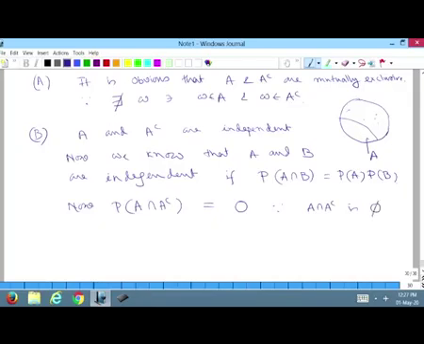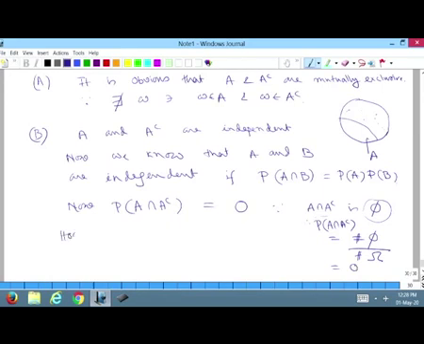Therefore, its probability is number of elements in phi divided by cardinality of omega, which is equal to 0.